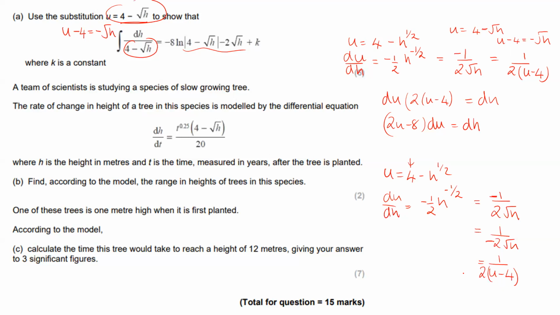And how about the du and then 2 bracket u minus 4? Yeah, now we've been just manipulating this side to replace that h in terms of u. And now we've got our du by dh is equal to that. And then we're just going to cross multiply, take this up and take that there. So 2u minus 8 du is equal to dh.